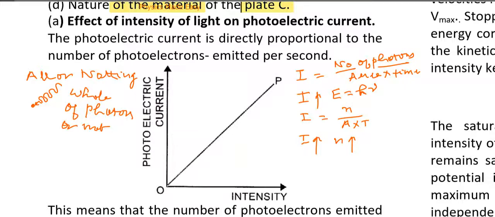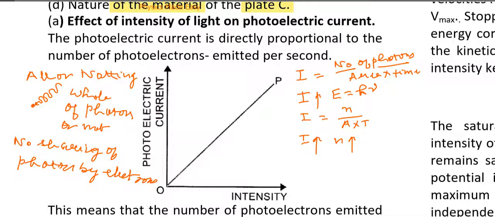In the photoelectric effect, the interaction between radiation and electron is all or nothing. In simple language, no sharing of photons by electrons. So in this case, photons are not shared.